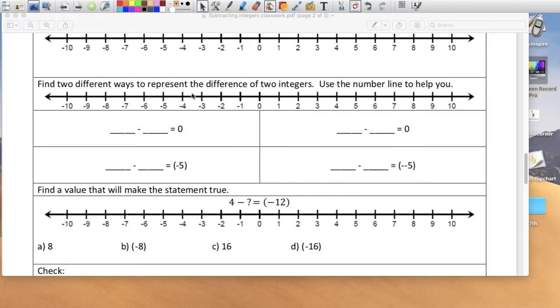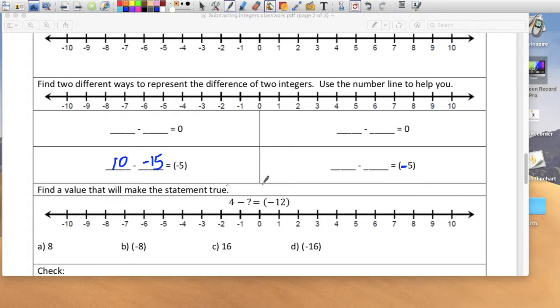Find 2 different ways to represent the difference of 2 integers. So now you can use the number line to help you. I'm going to leave this because I'll go over these in class with you. There should be 1 negative. I don't know why there's 2 negatives. So I'll do 1, I guess. I'll do this one, 10 minus negative 15.